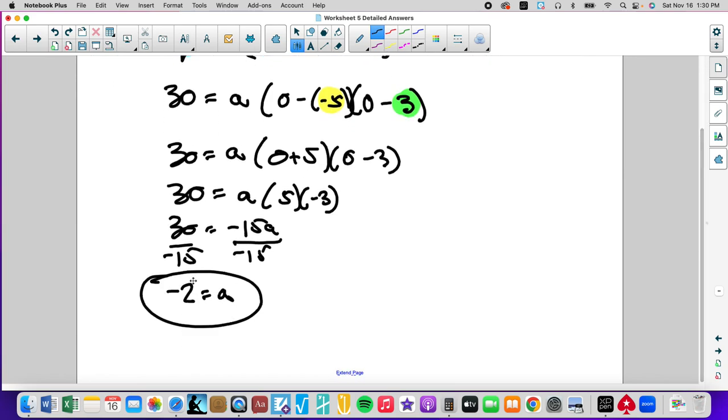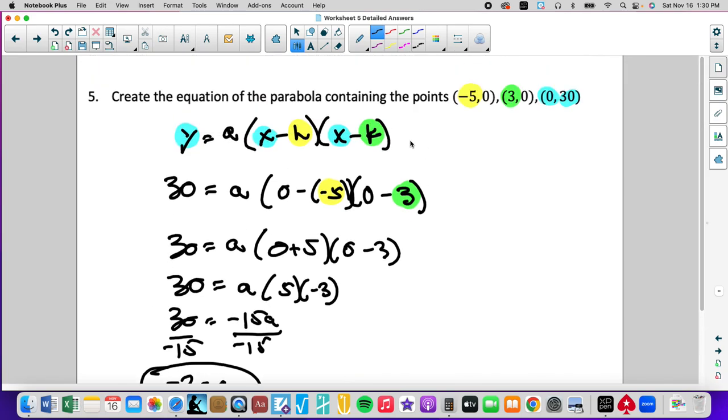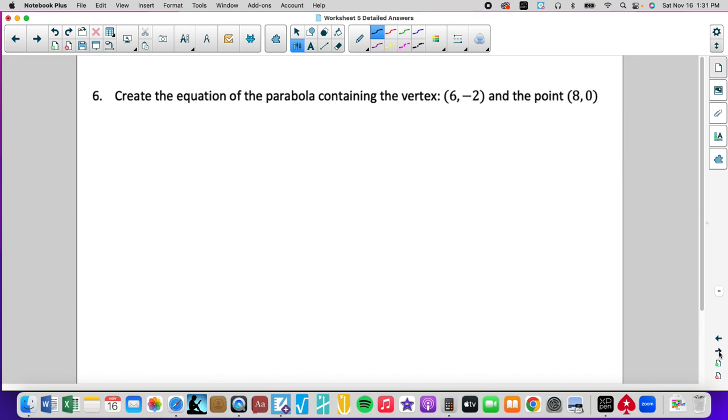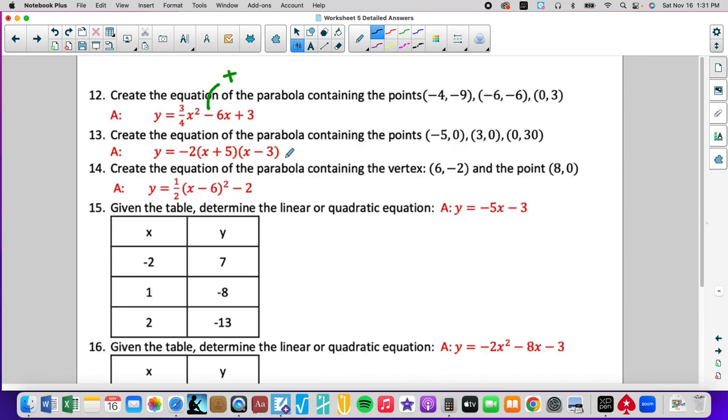So I can write it in this form, and it is going to be y equals negative 2 times the quantity x plus 5, x minus 3. Is that what that answer was? Positive 5, negative 3? Yeah, okay.